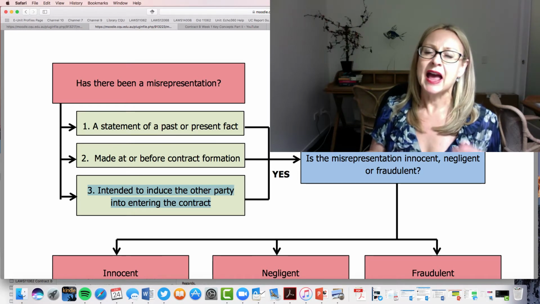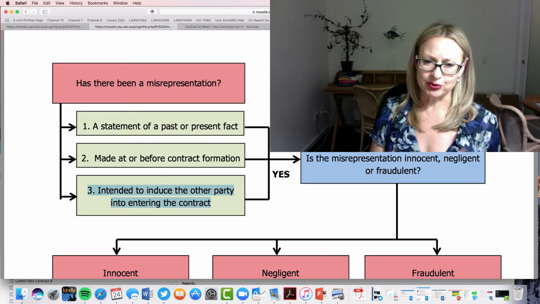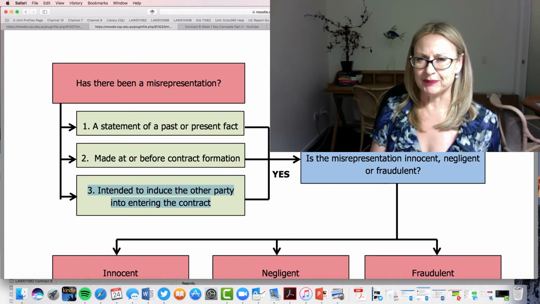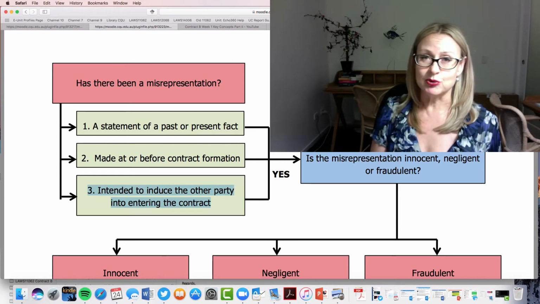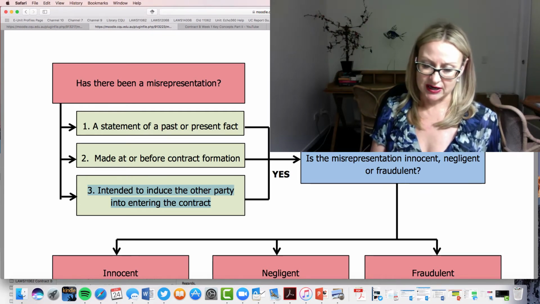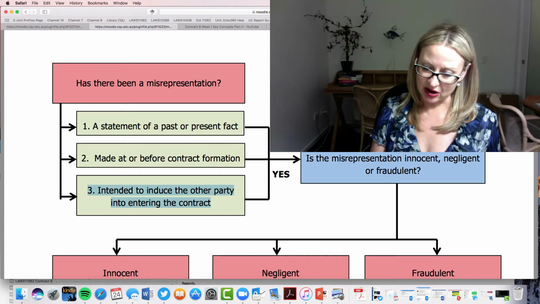It just had to be an inducing factor, and that was brought out by the High Court further in Gould and Vagelos. It just has to be an inducing factor, a material factor for the representee to enter the contract, but just one of the factors that induced the representee to sign off.